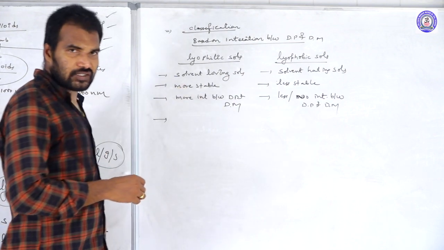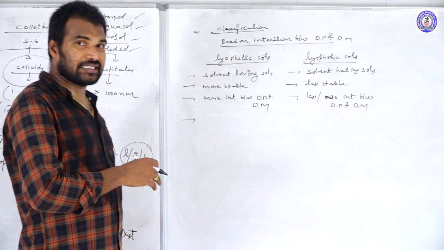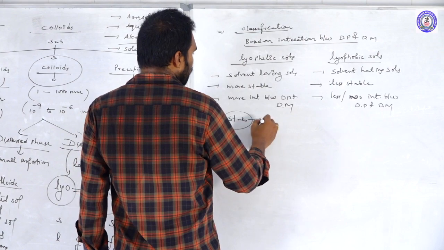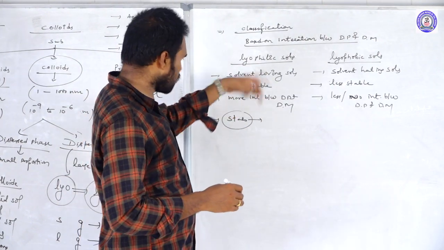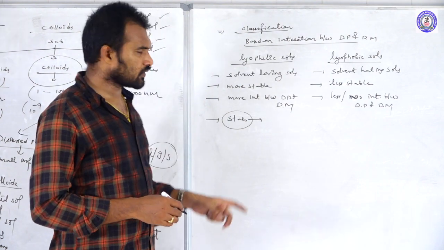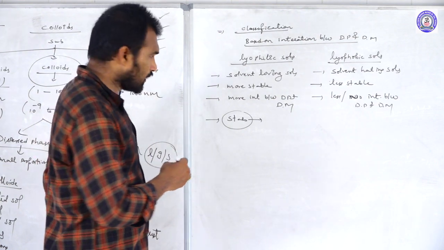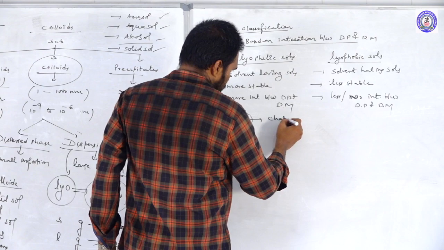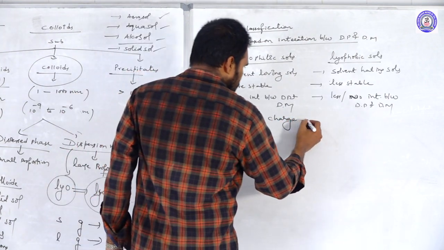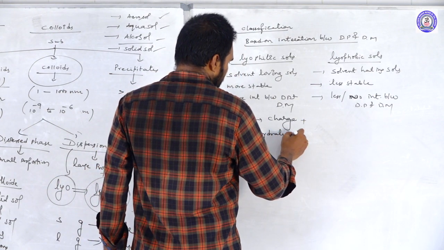Coming to the lyophilic sols, what is the reason behind their stability? Lyophilic sols are more stable because of their charge, because of the magnitude of the charge, and also one more reason, because of hydration or solvation.